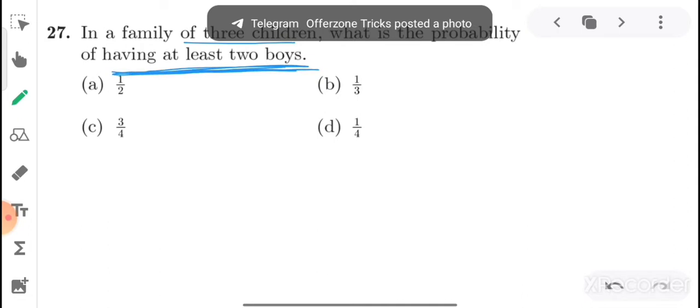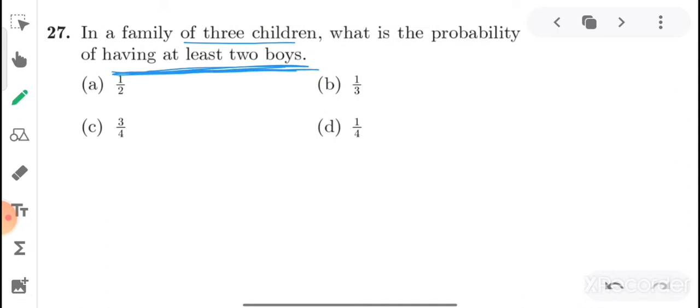There are three children, and at least 2 boys, then what will be its probability? At least 2 boys gives 1 probability out of 3. For at least 2 boys, there is only a single possibility, so 1 by 3 will be the probability.